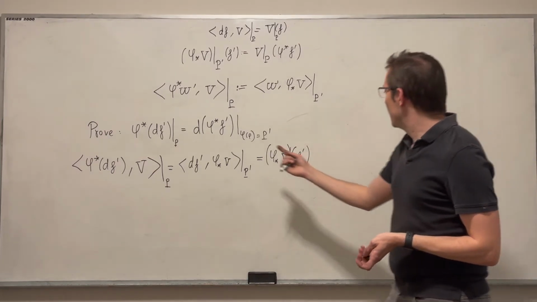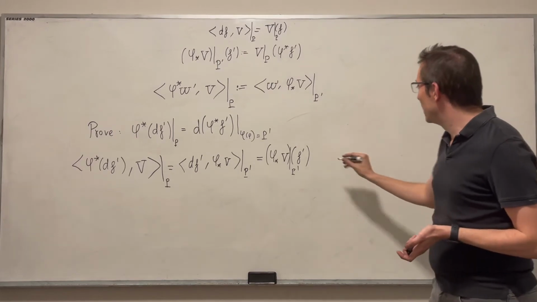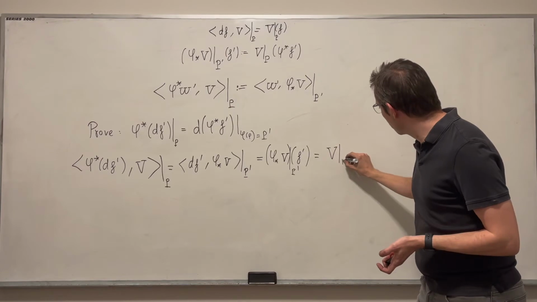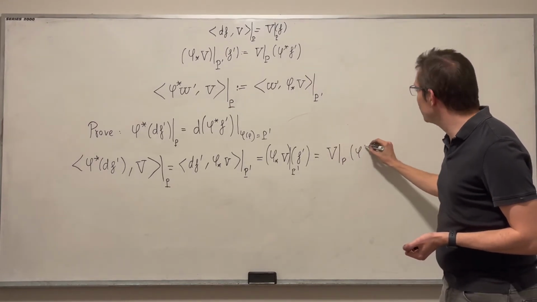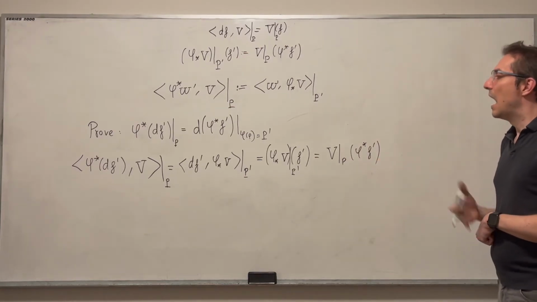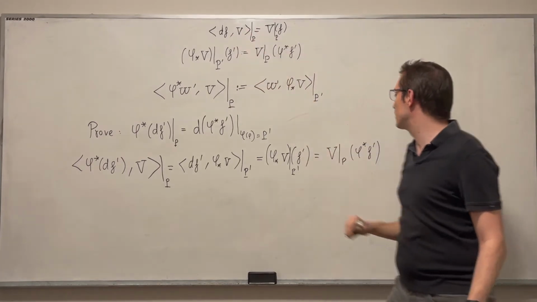The nice thing is that I can use now the definition of the push-forward map for the vector. This is exactly equal to the vector V now at the point P, acting on the pullback version of the function f prime. And now what I can do is go back to the action of the differential of a function on a vector.